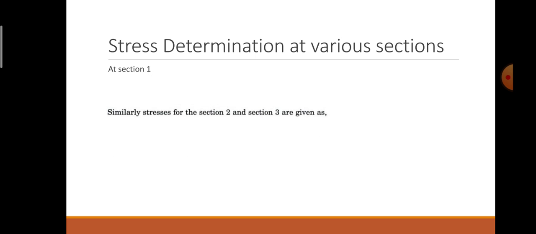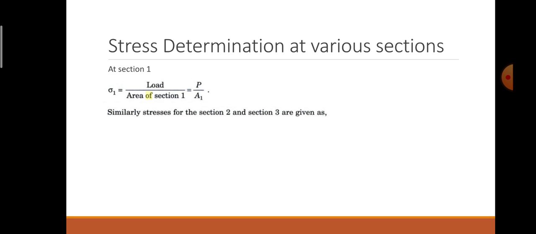So the first and foremost step is to determine the stress at various sections. Let me consider section 1 here. Let sigma 1 be the stress at section 1. As we know, stress is nothing but load over cross-sectional area. Therefore sigma 1 is load divided by the cross-sectional area of section 1.